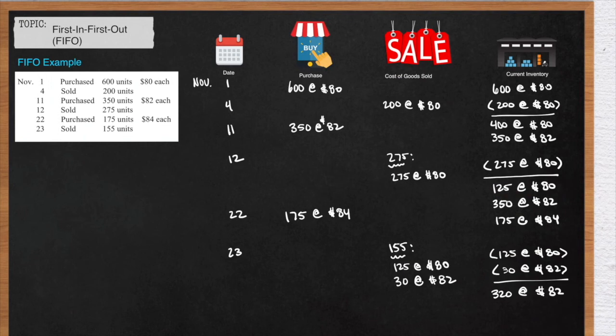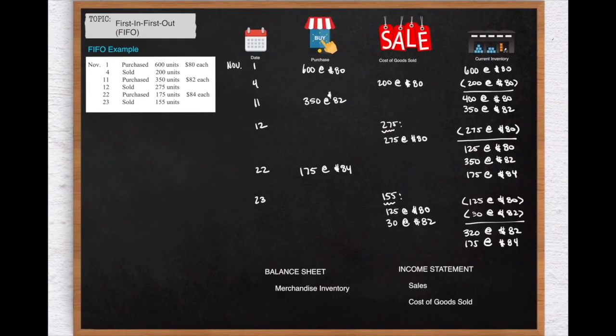And we still have the most recent inventory still there. It wasn't touched. So 175 units at $84. And there you have it, a perpetual inventory system. I know I didn't do the journal entries. That would have taken forever, but if you need reference to the journal entries, go to the previous slides.